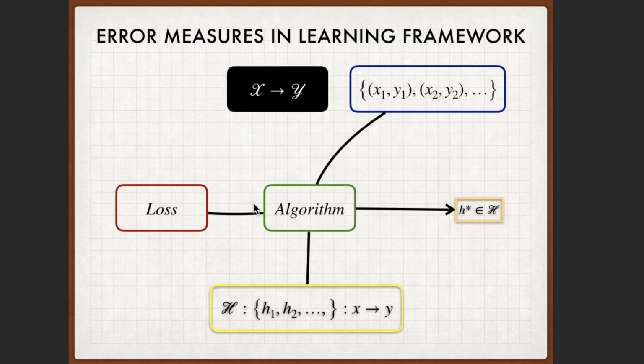Recall that we have four important elements in the framework of learning: the data, the hypothesis set, the algorithm of selecting the best hypothesis from the family, and the criteria according to which the algorithm makes the selection.